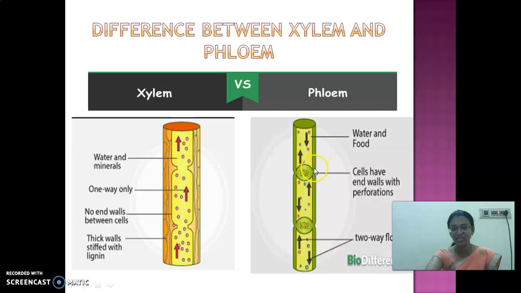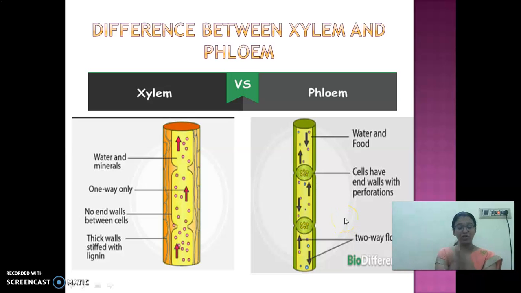Look here, children. Between one cell and the other cell, here there is a wall-like structure. But in phloem, we do not have any wall. And here you have thick lining, but here you do not have that. So this is the difference between xylem and phloem.